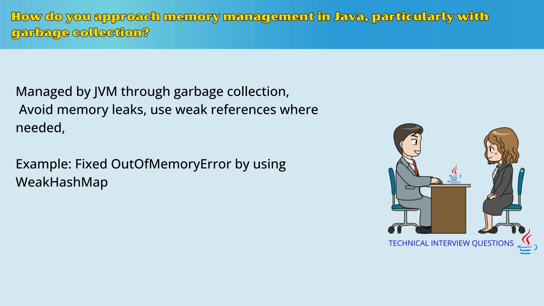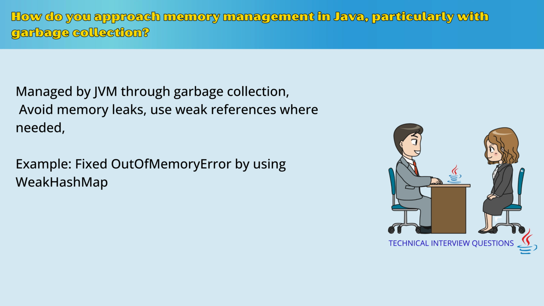Garbage collection works by identifying objects that are no longer reachable from the root references, like active threads, static fields, or local variables on the stack. These objects are then eligible for garbage collection. Java uses several algorithms for garbage collection, including mark and sweep, generational garbage collection, and others.